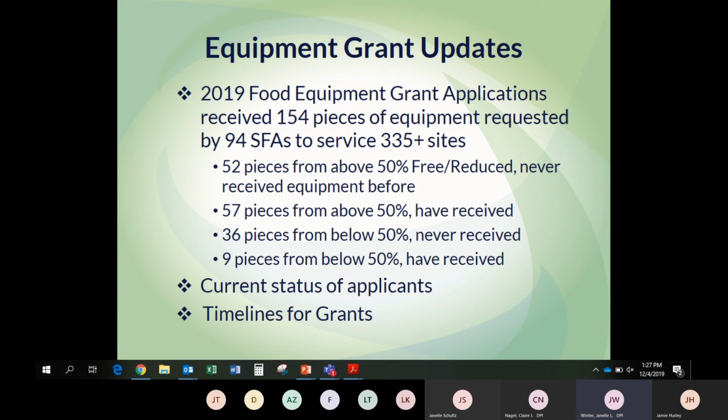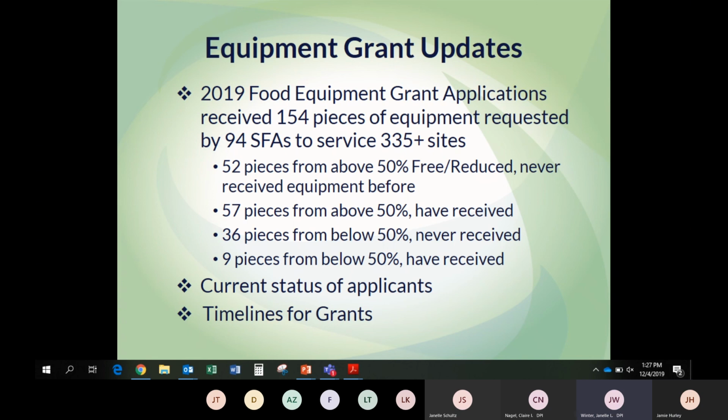Currently, those who are proceeding with the process, you have until February 28th to return all the requested documentation, which is explained in the email. It's important to note that the capitalization threshold is very important as you're thinking about the pieces of equipment and your specifications.